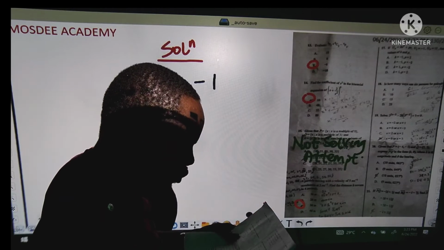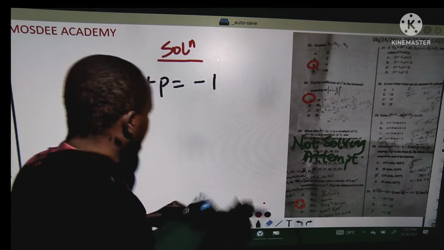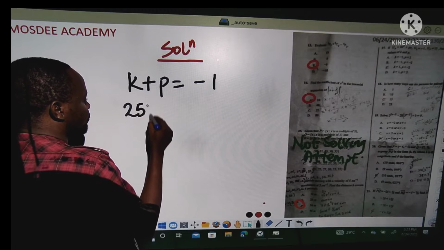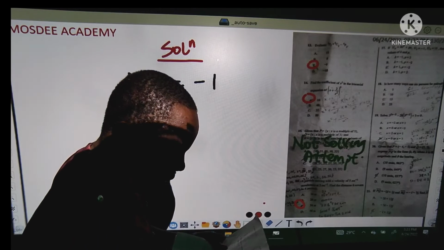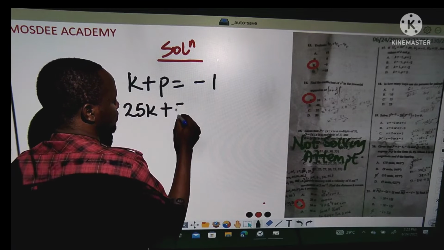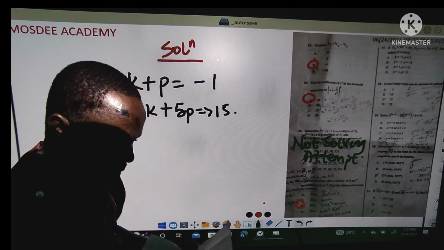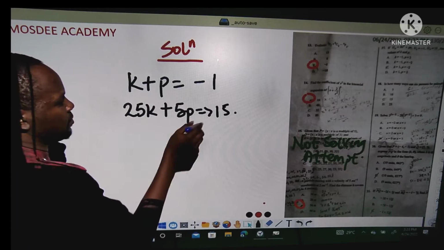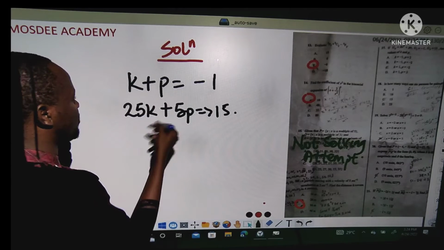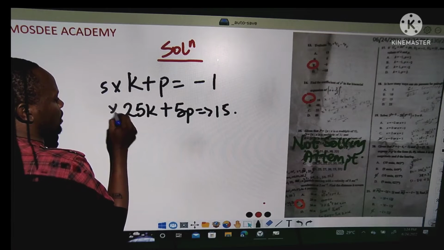Then the second one says U5. When n is 5, 5 squared is 25. I'm going to have 25k plus 5p is equal to 15. So this is what I want to solve. I'm to find the value of k and p. Wow, simultaneous equation of two unknowns. What will I do? Very fast. Times 5 times 1.